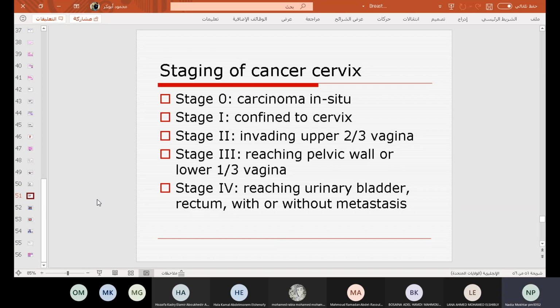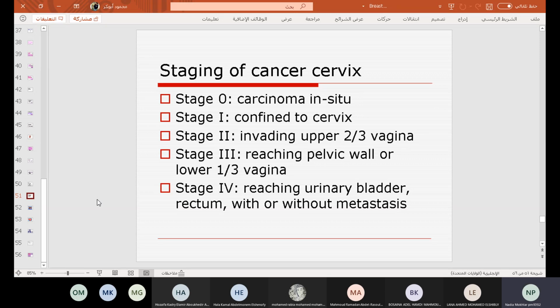The stage is how far this tumor has spread in the body. Stage 0, when it is confined to the cervical intraepithelial component. It's called carcinoma in situ. Stage 1, if it breaks the basement membrane and invades the cervical tissue only, but no other extension.